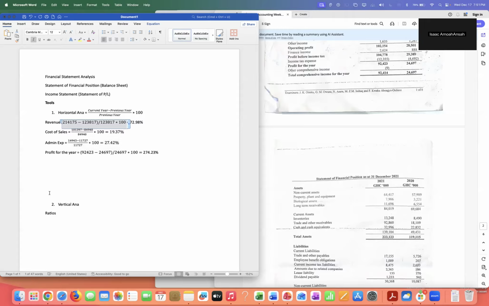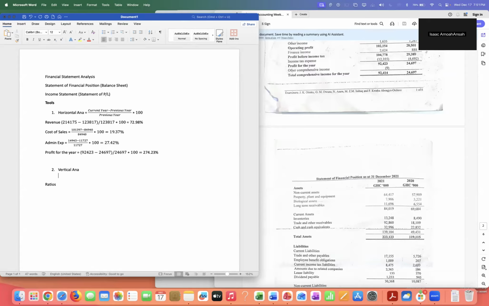Okay. So we can pick up on vertical analysis. For vertical analysis, we're looking at different formulas for the different financials that we have had, right?